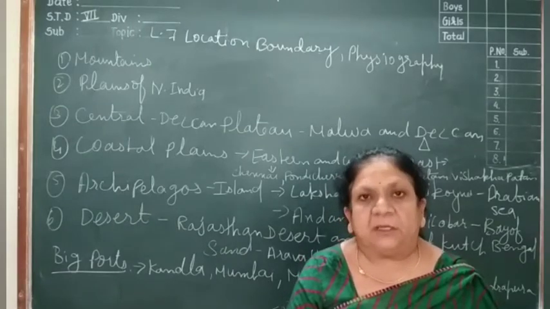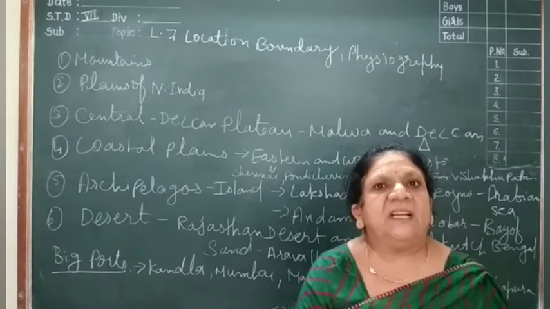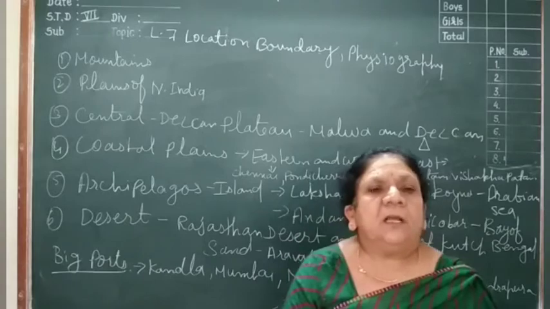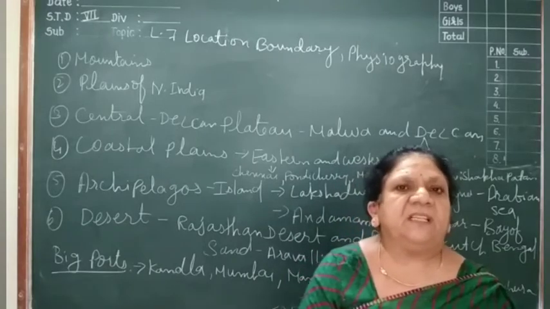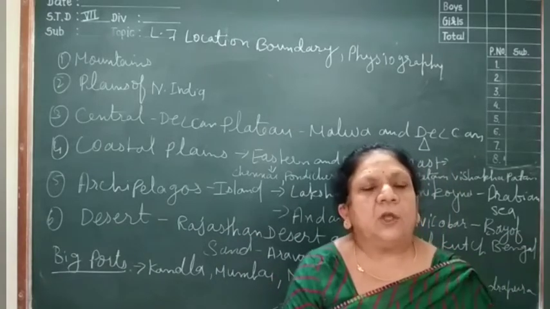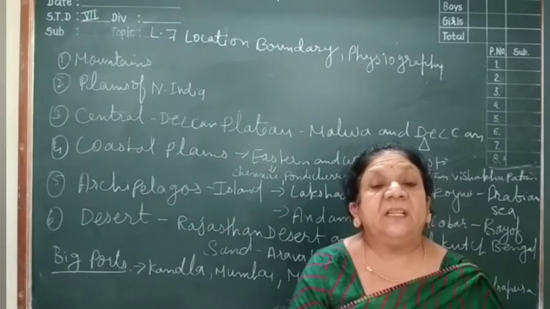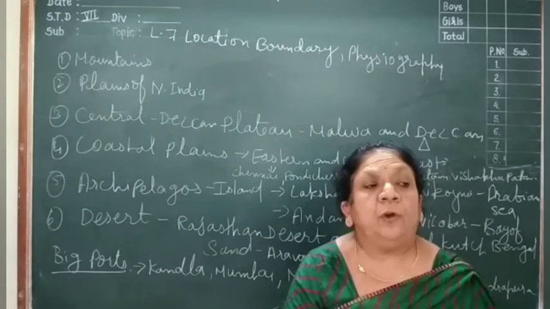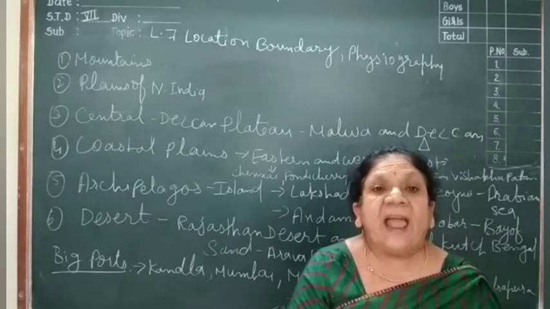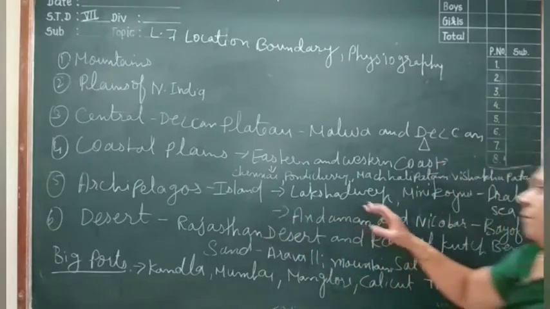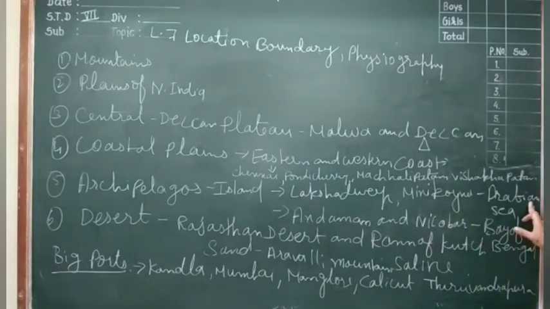Because of constant water and sandy soil, in coastal areas and archipelagos there is sandy soil, so dates and coconuts grow, and the sceneries are very beautiful. So people visit it as a tourist place. Archipelagos are tourist places, we can say.